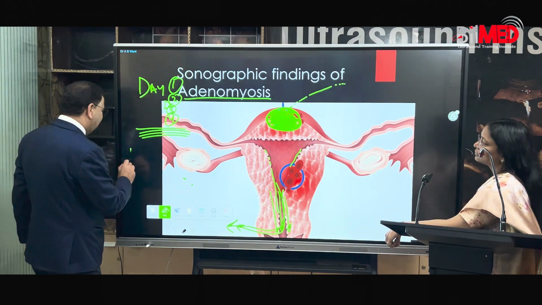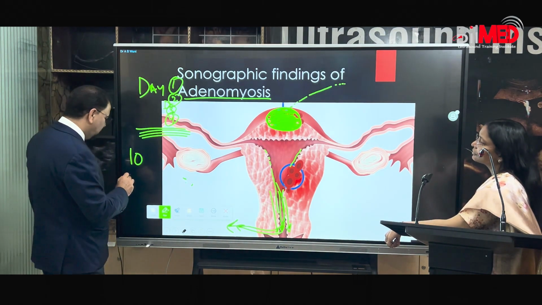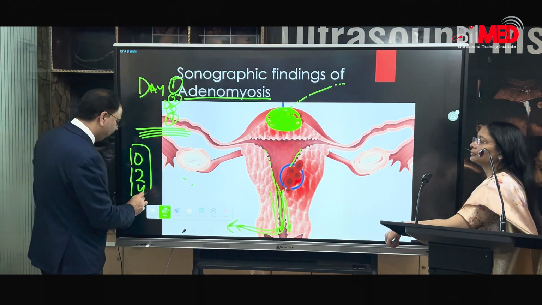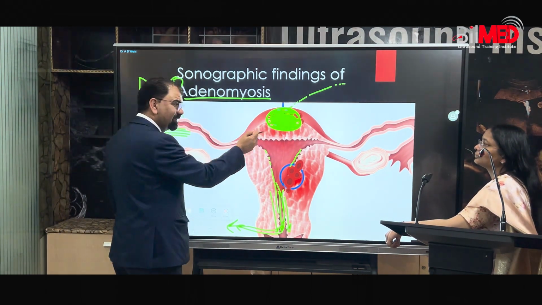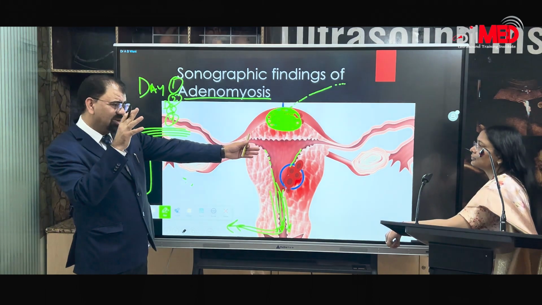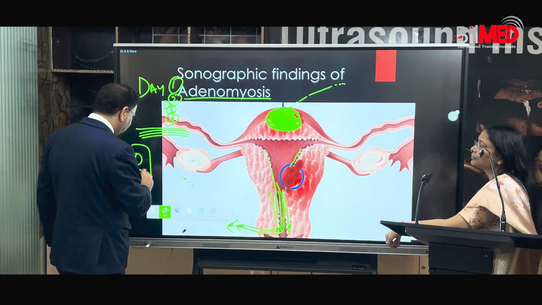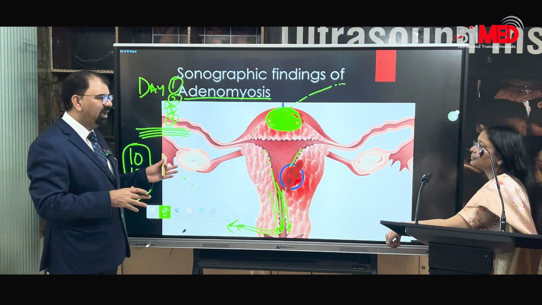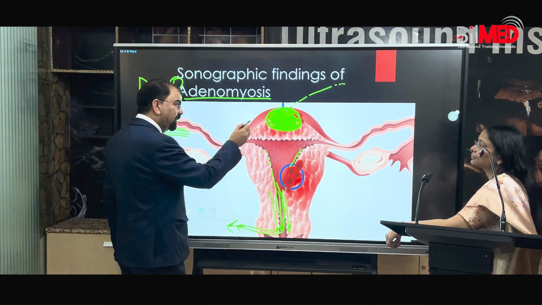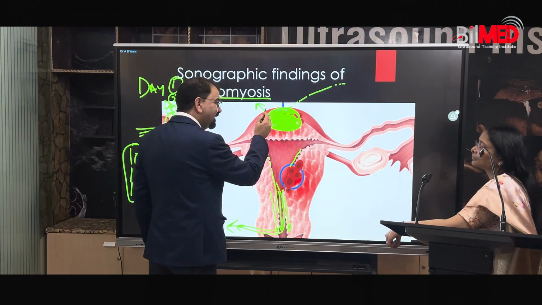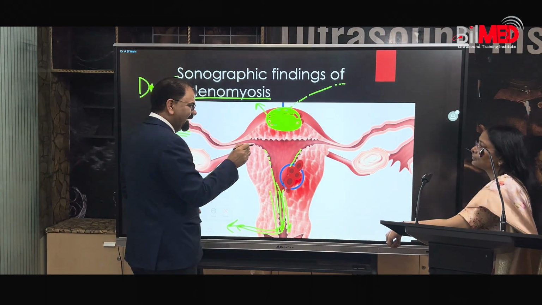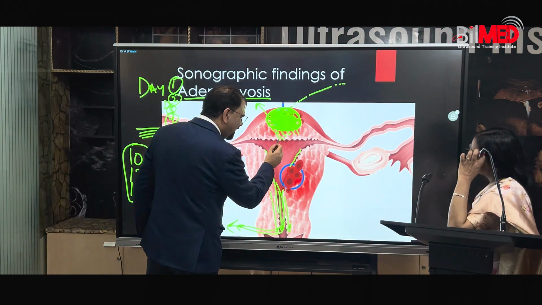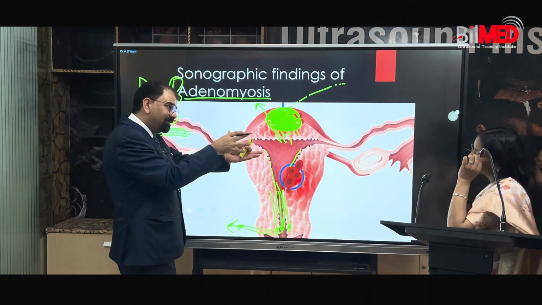I am at day 10th, day 12th, or day 14th. The pressure is increasing here. Try to understand, pressure is increasing. And I am at 14th day, maybe 15th day, and pressure is increasing here to an extent that it is making a connection with the main endometrial cavity because of the pressure.